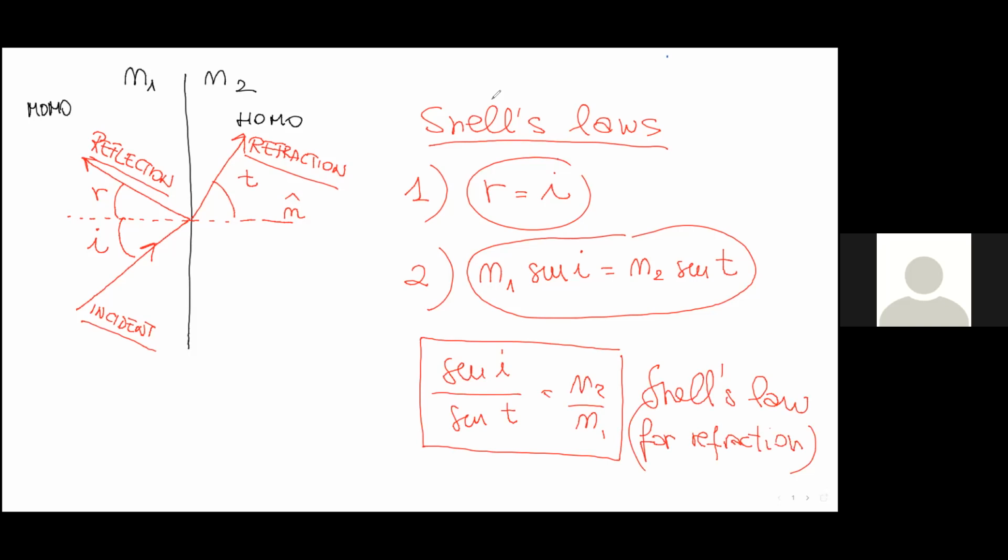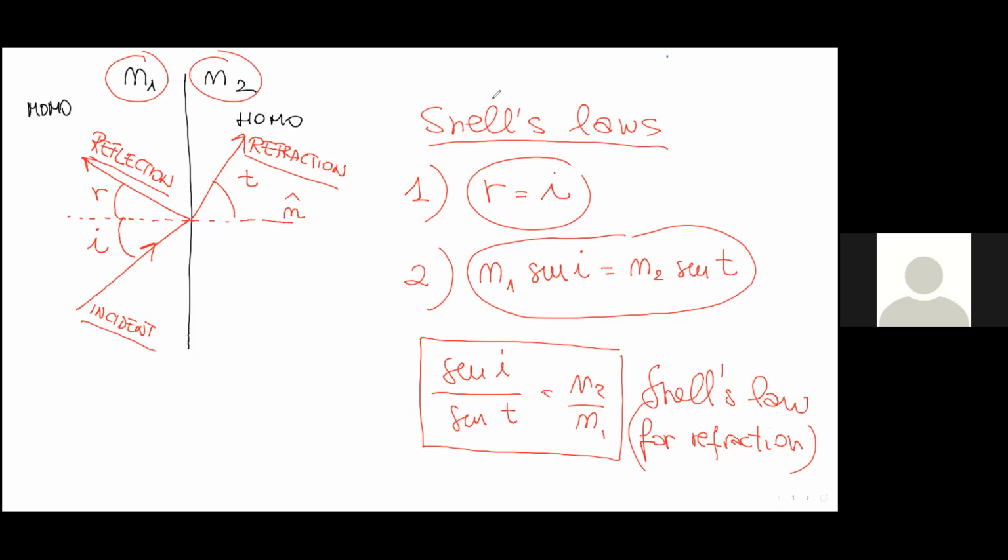So what happens when a light beam crosses a flat interface between two semi-infinite media? The direction of propagation changes, and the extent of change depends on how much the refractive index changes.